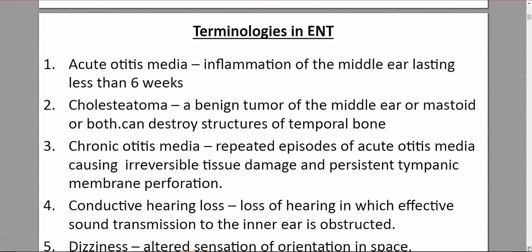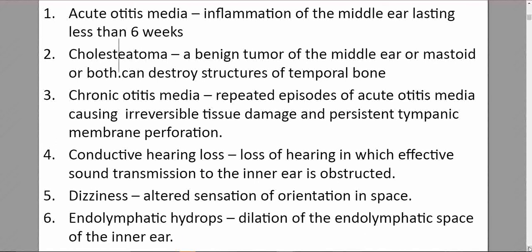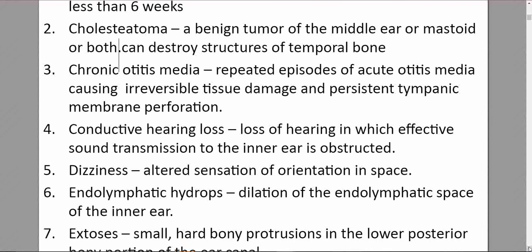Okay, we are going to see what is acute otitis media. Acute otitis media, inflammation of the middle ear lasting less than 6 weeks but starting immediately. Cholesteatoma, a benign tumor of the middle ear or mastoid or both, and can destroy structures of the temporal bone.